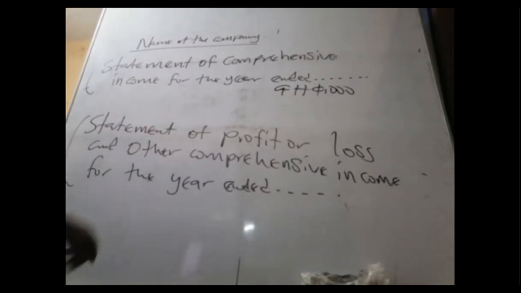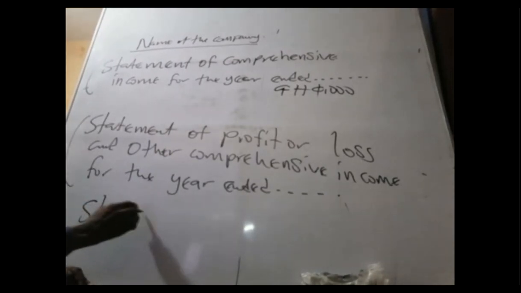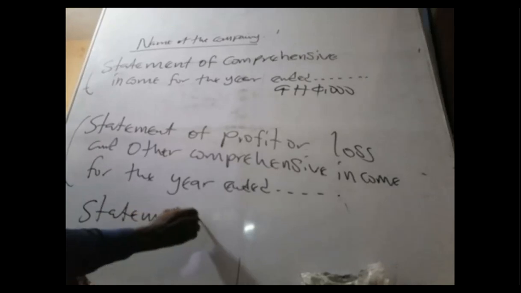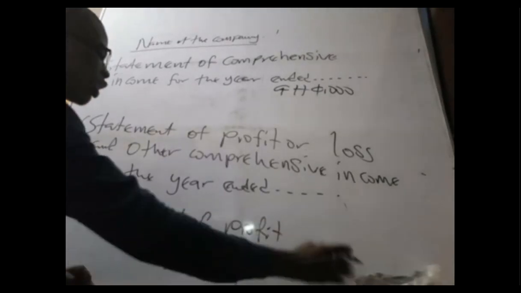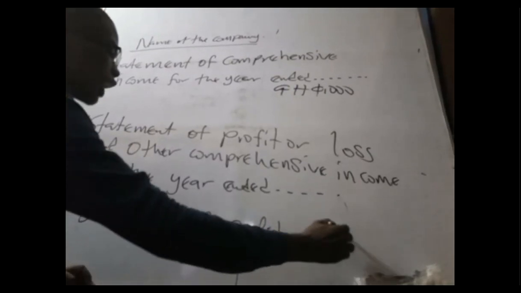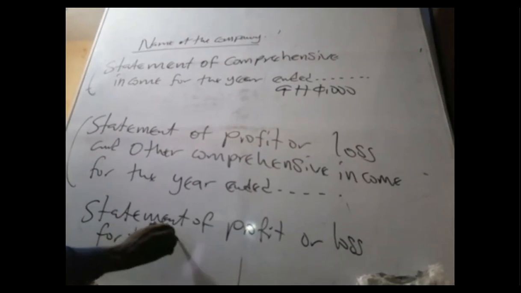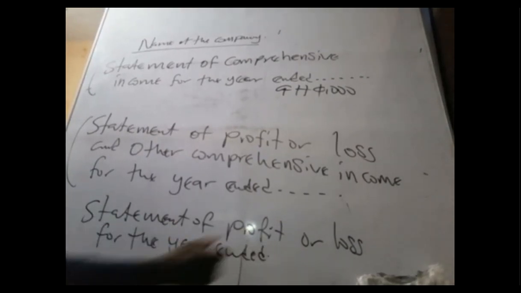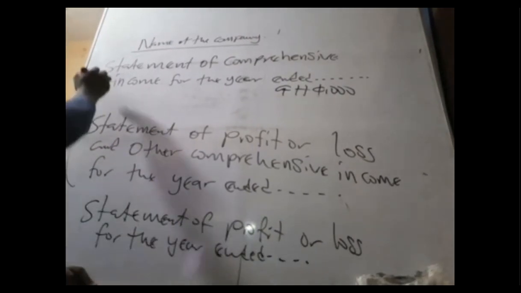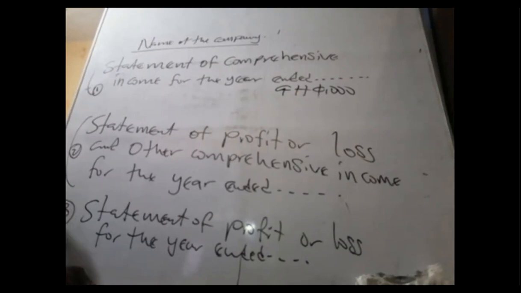Then we can also have a third version: the statement of profit or loss for the year ended. So this is number 1, number 2, and number 3. Any of them, you are free to go.